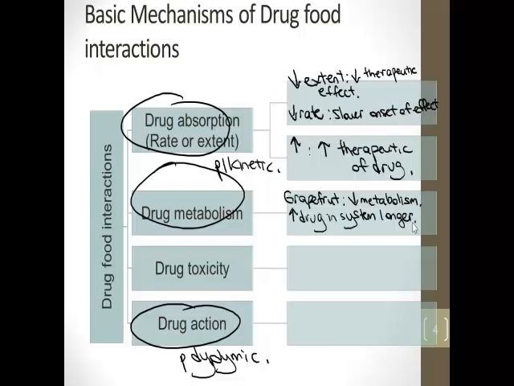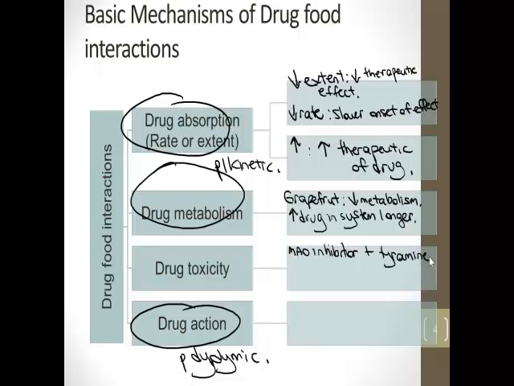Okay? Now, third one, in terms of drug toxicity, a common one is if a person is taking MAO, monoamine oxidase inhibitors, and is eating food products that contain tyramine. Tyramine is found in aged cheeses, processed meats, chocolate, fava beans, and quite a lot of different foods.